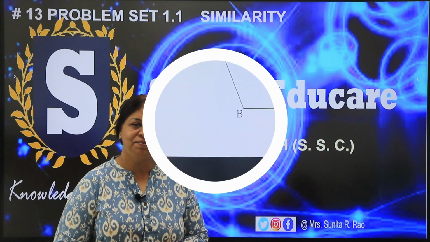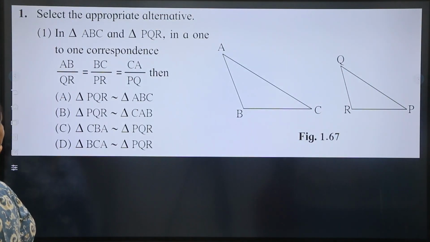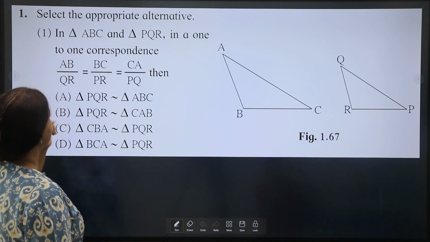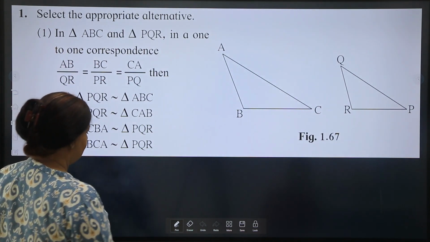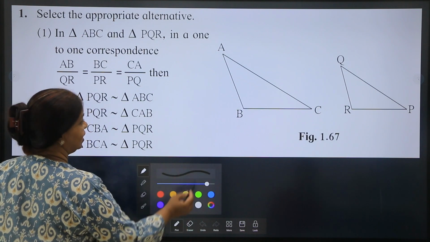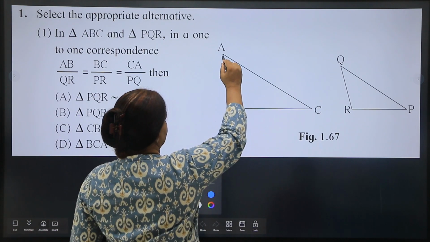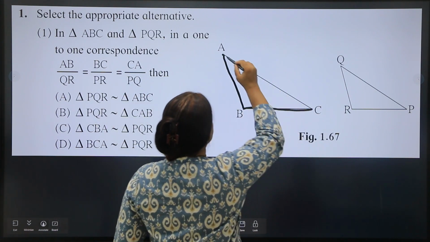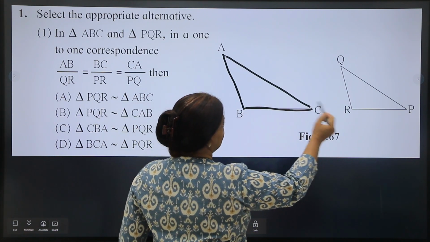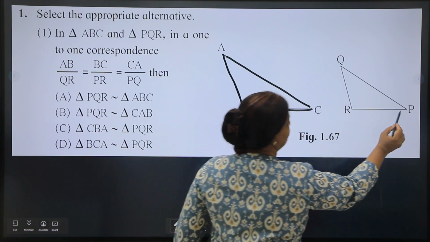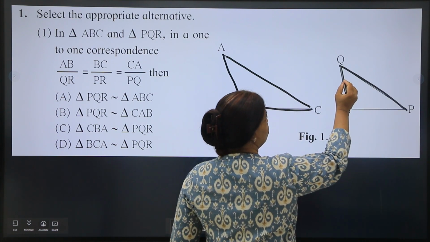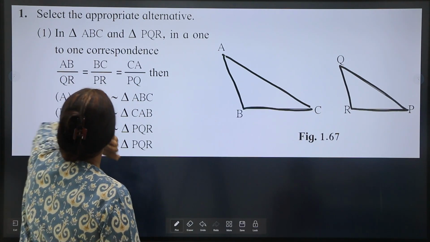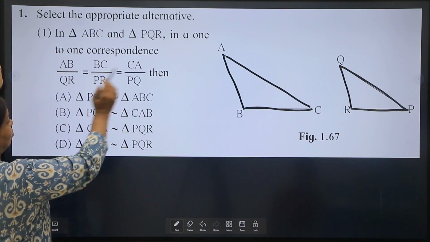Let's begin, children. The first sum from the problem set: we have to select the correct alternative from those given here. In triangle ABC and triangle PQR, a one-to-one correspondence is given.